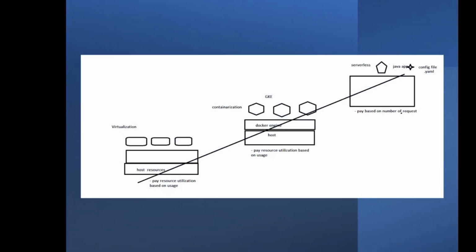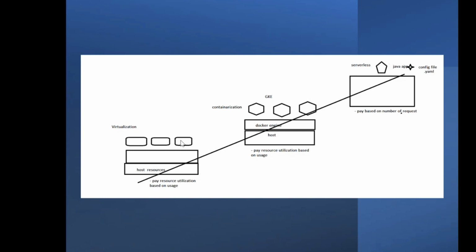Let's get some more info in this. Now, if you see this diagram, it will tell you that earlier we tried to use the virtualization concept. From virtualization, we are moving towards containerization. So in virtualization, what we do? We have the host operating system. Above the host operating system, we create the VM.